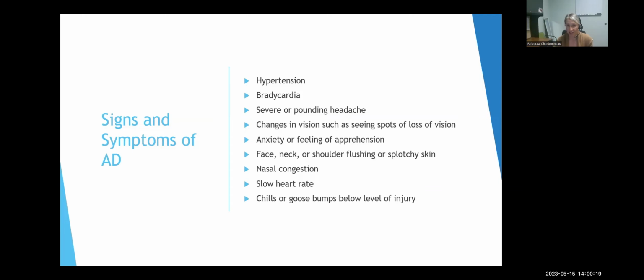You might get a lot of flushing or splotchiness of the skin above the level of injury, so in the face, the neck, and the shoulders. People often describe sort of this nasal congestion, and that's because all those blood vessels are sort of dilating above the level of injury. And then below the level of injury, so in the abdomen and the legs, you might see a lot of goosebumps or even chills going on. Next slide, please.